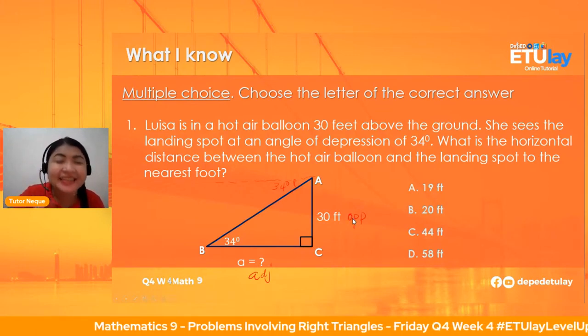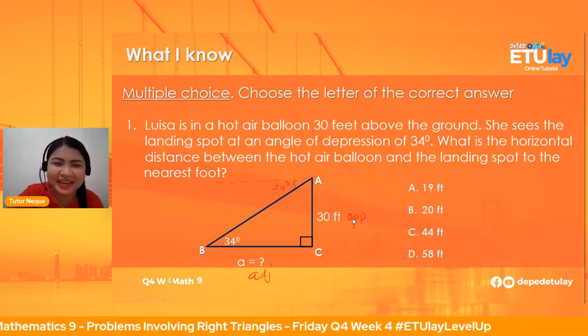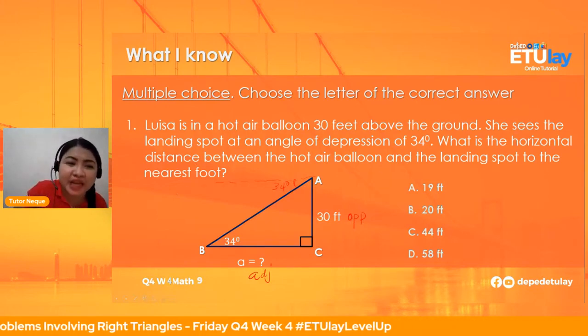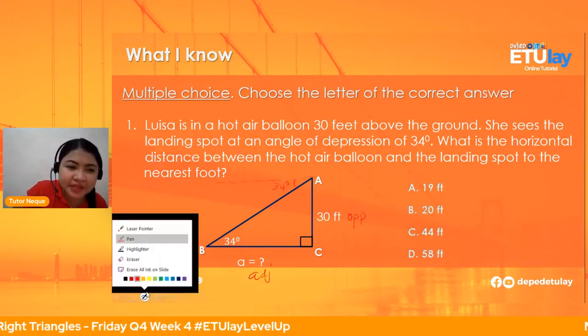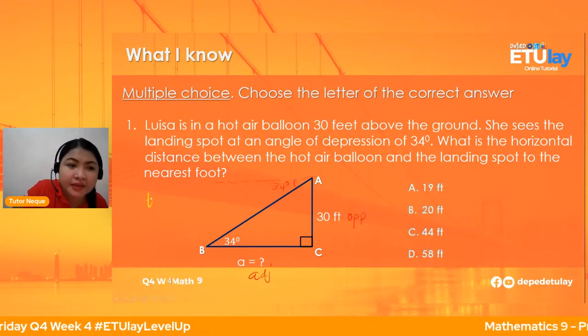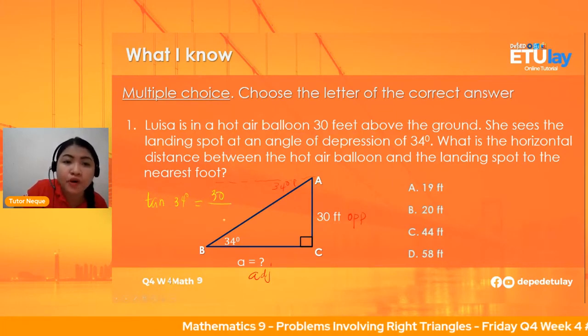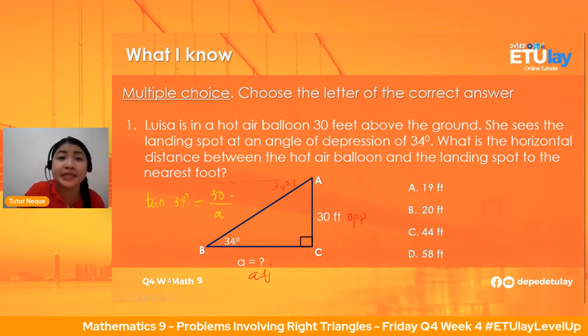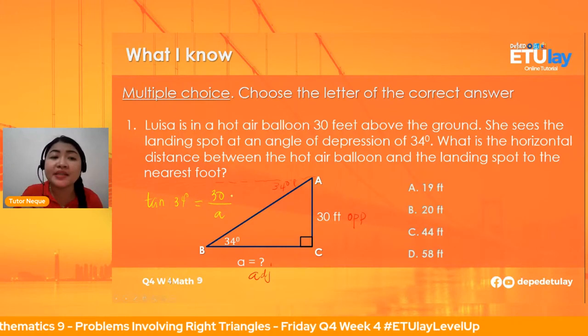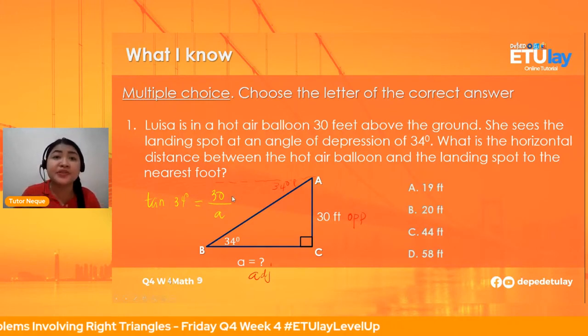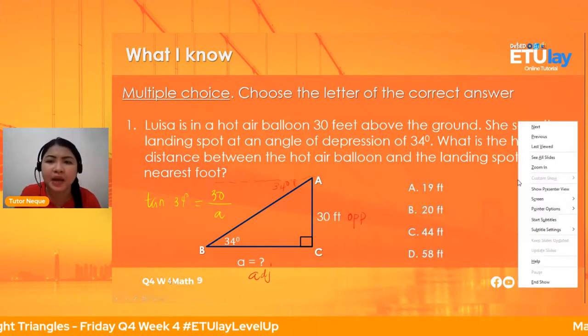That is tangent function. Alright, so pwede natin gamitan yung tangent theta. Tangent 34 degrees is equal to opposite side, 30 over A, which is the unknown. And then, we can solve for A just by using cross product property.